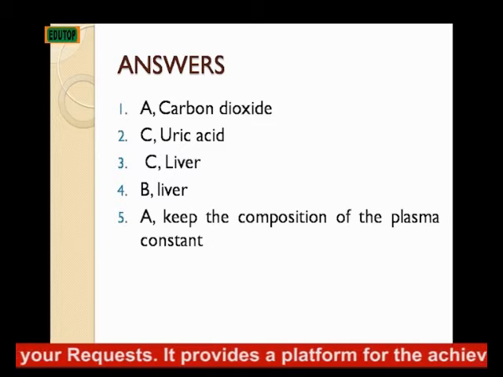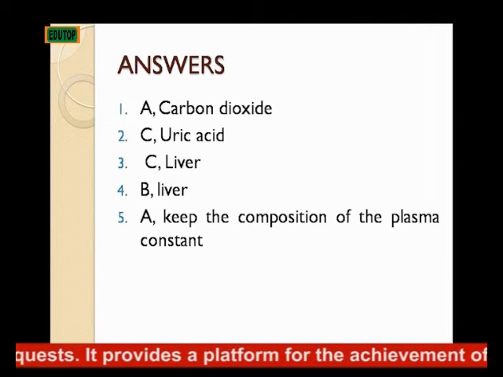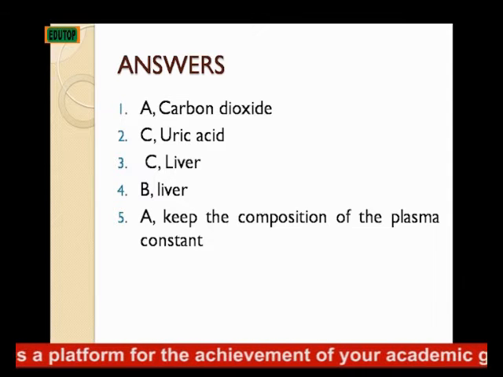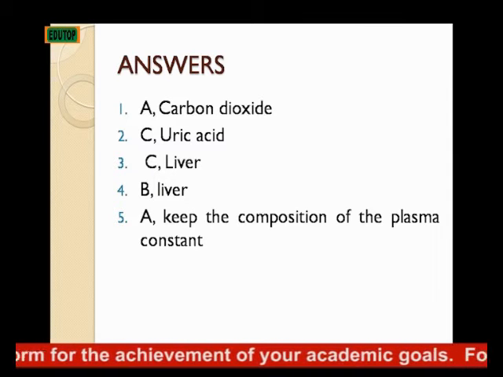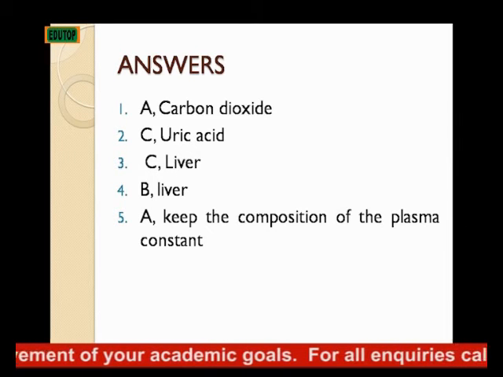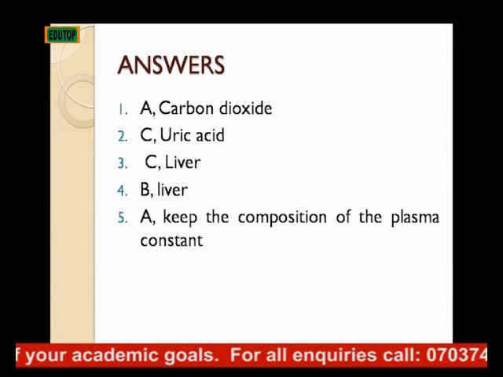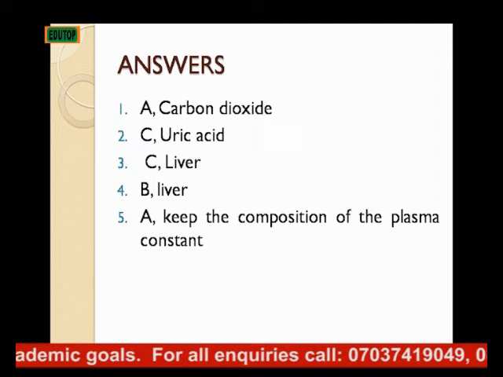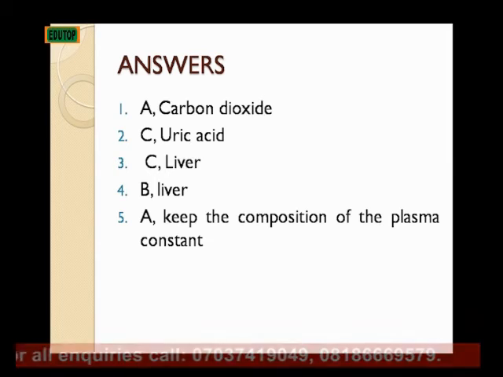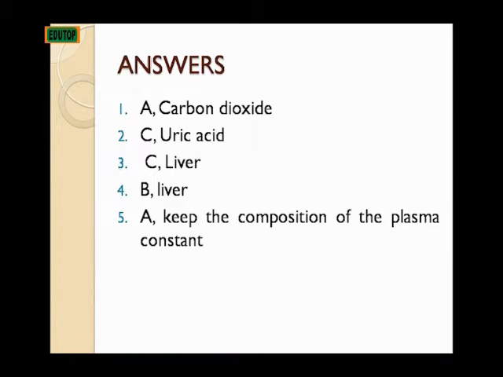Regulation of blood sugar level takes place in the liver. Number 4, the answer is B. Liver too. Urea formation occurs in the liver. Then number 5, the answer is A. The meaning of kidneys acting as osmoregulators is that they keep the composition of the plasma constant.